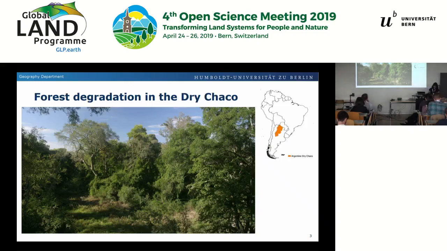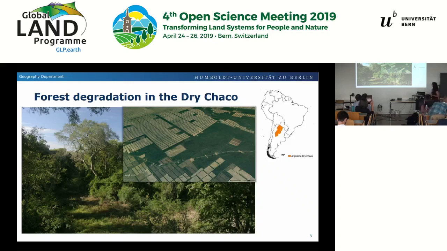A very good example for this is the dry Chaco. The dry Chaco is a tropical dry forest, the largest remaining continuous tropical dry forest. It extends mainly in Argentina and a bit in Bolivia and Paraguay. My study area is the Argentinian part of it. When we look at the dry Chaco from satellite, we see this kind of image. A large part of the forest is lost, mainly for conversion to cropland.